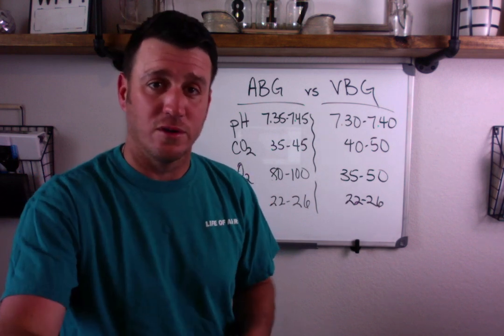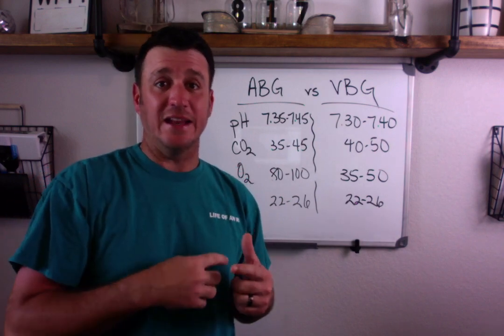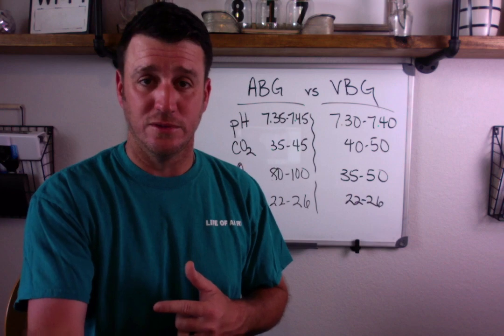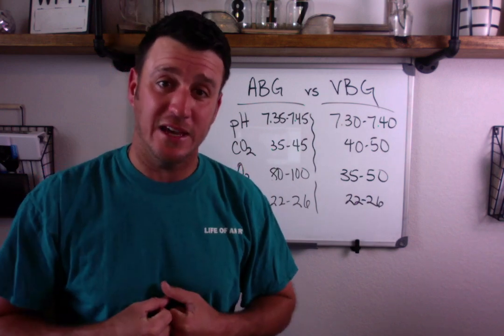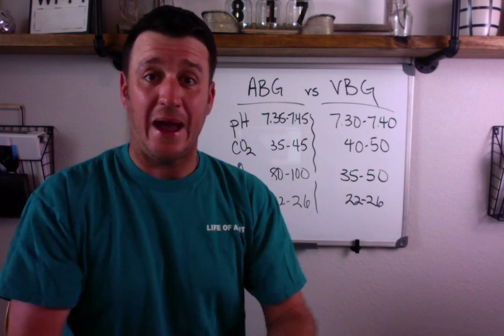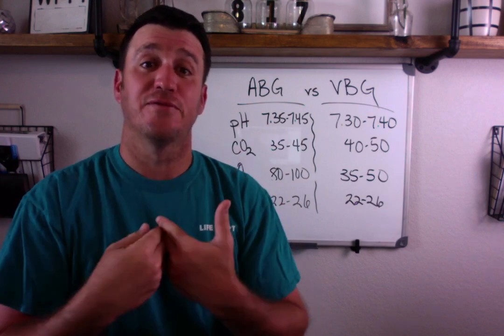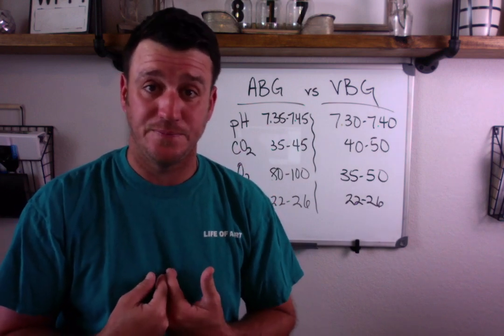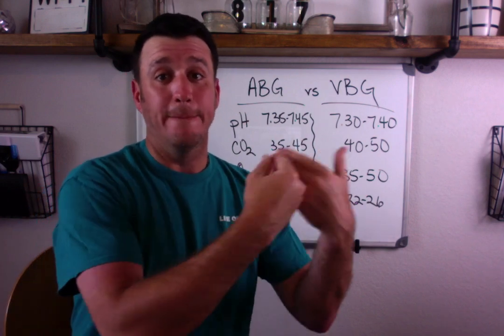It metabolizes it and it gives back CO2. So this is happening constantly. Oxygen is constantly being taken and CO2 is constantly being given back. I'm going to say it one more time. Oxygen is constantly being taken from arterial blood, and then CO2 is constantly being given back.